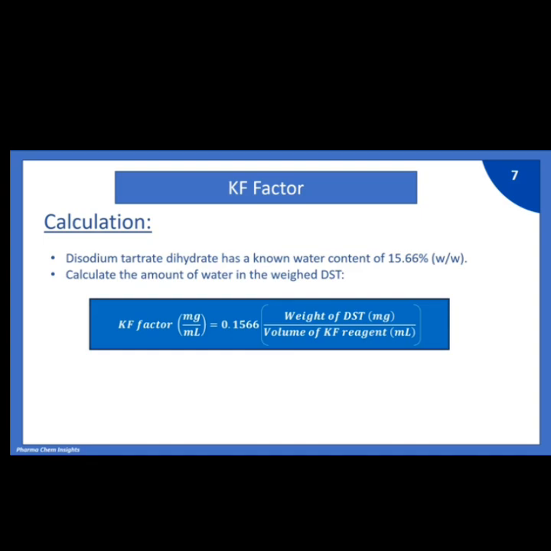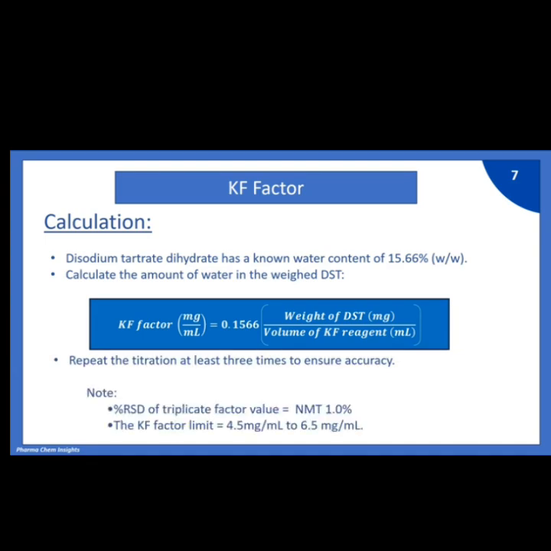Here 0.1566 is the factor for DST. Repeat the titration at least 3 times to ensure accuracy. Take note that the percentage RSD of the triplicate Kf factor values should not be more than 1%, and the Kf factor limit should be between 4.5 mg per ml and 6.5 mg per ml.